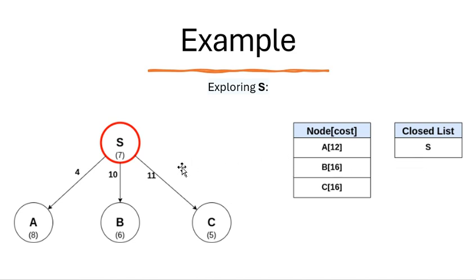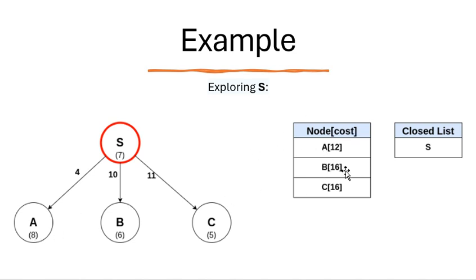So we will calculate the cost of each path starting from this node S. From S to A, we calculate the cost as g of x plus h of x. In this case, 4 plus 8, which is 12.